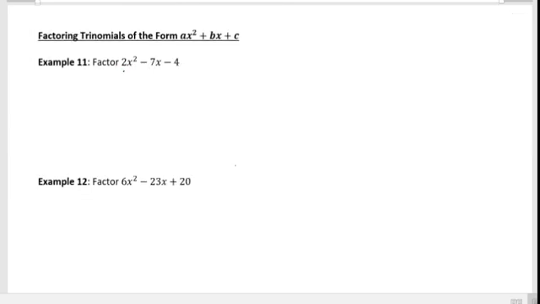So what happens if there's a number in front of the x squared, a number other than 1? Then your first step is going to be to multiply that number a times c. So we say a times c. So in our example, we have 2 times 4, which is equal to 8.